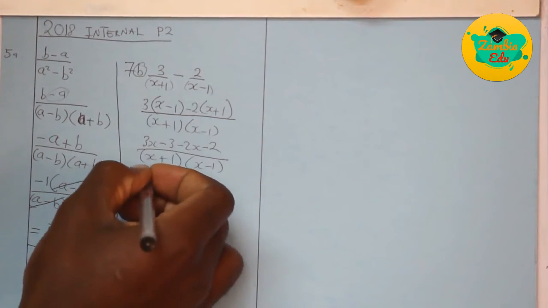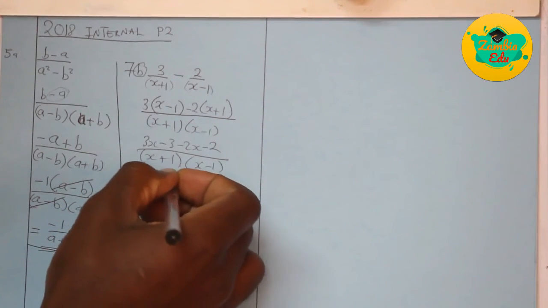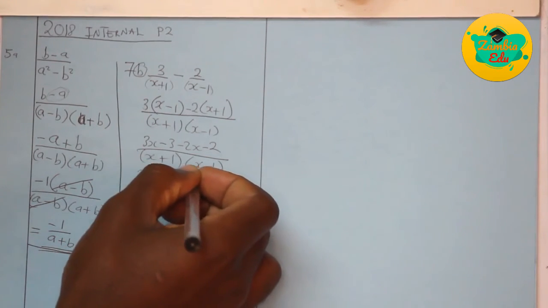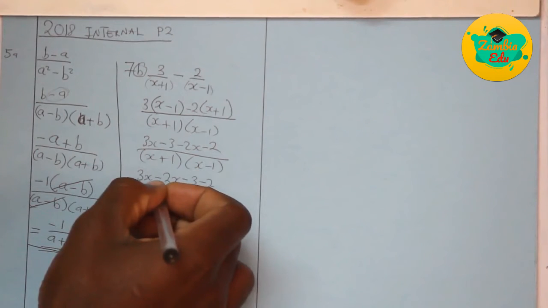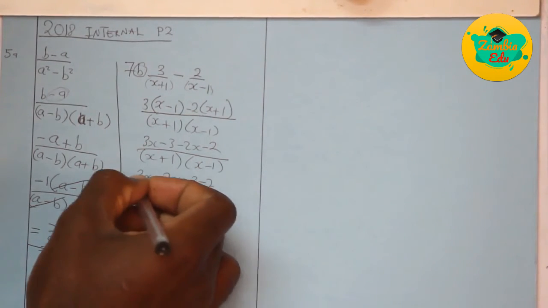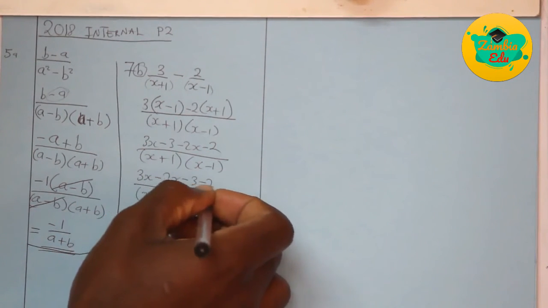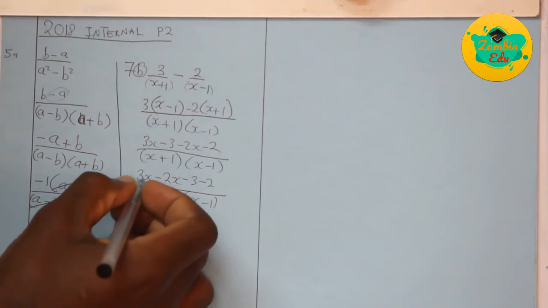Group the like terms, 3x minus 2x minus 3 minus 2 over x plus 1, x minus 1.